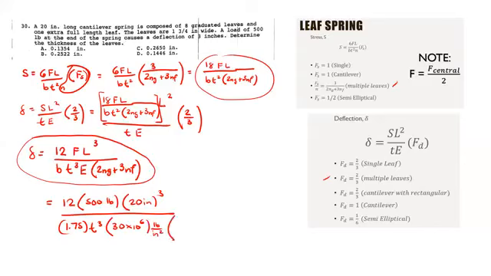Then times 2 times NG, the number of graduated leaves, which is 8, plus 3 times NF, the number of full-length leaves, which is 1. Equals deflection of 3 inches.